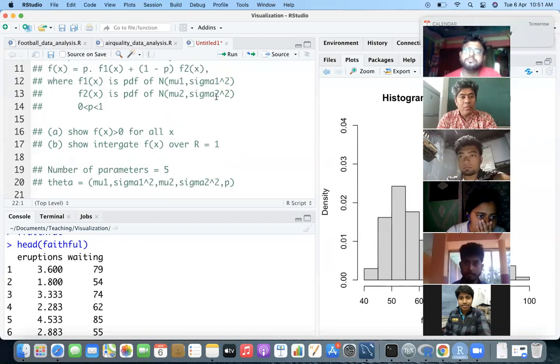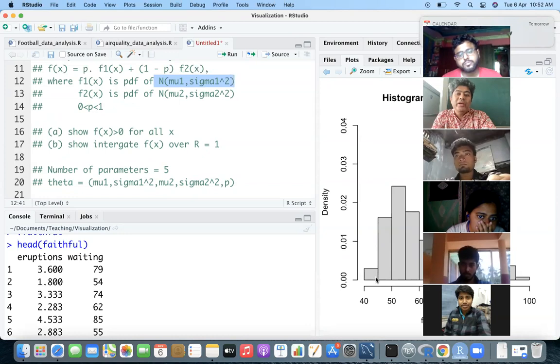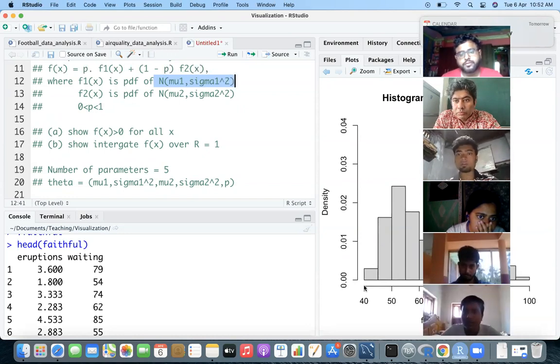So I can think of one normal, this mode is one normal distribution with mean somewhere around 50 and with a standard deviation. Can you make an educated guess what would be the standard deviation of this distribution? The first one, the smaller mode.